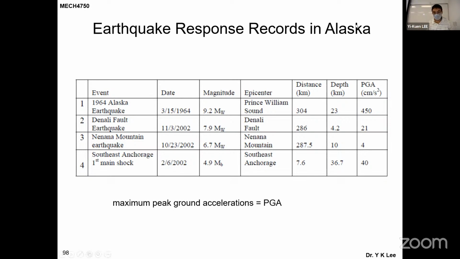So this is quite important, right? They use earthquake vibration data to validate the design of the building, and to make sure you meet the building code.